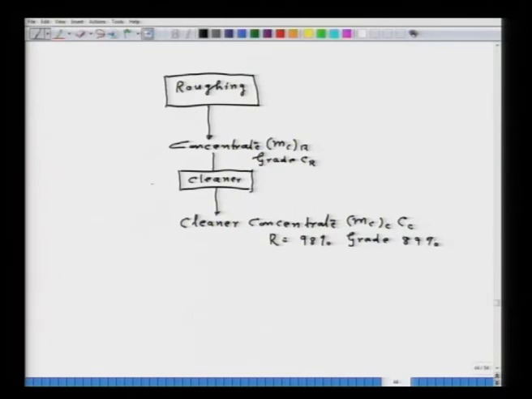Then the cleaner tailings, these are the cleaner tailings, is given to us as 0.25 load ratio into 1200, that is equal to 300 tons per hour. Now, this cleaner tailing again undergoes the roughing operation, and so the cycle completes.